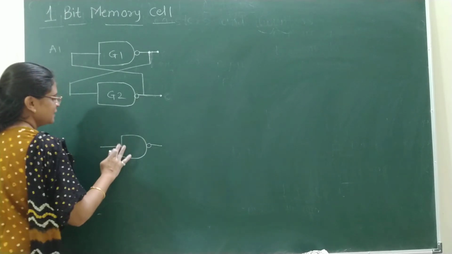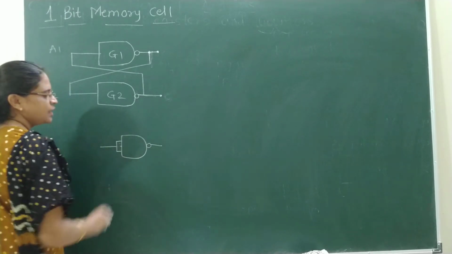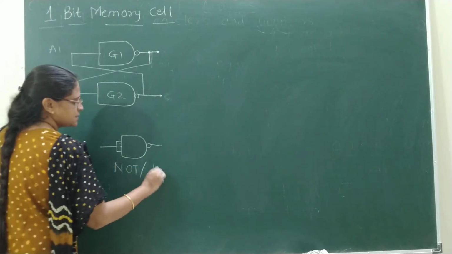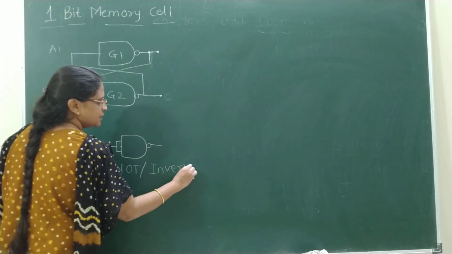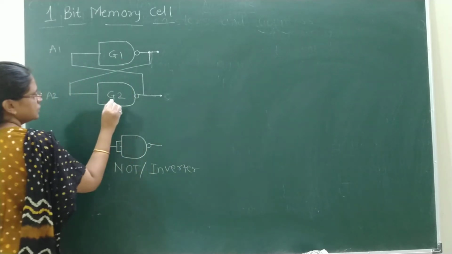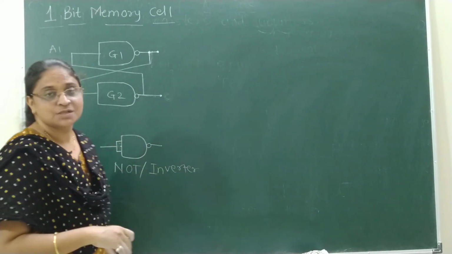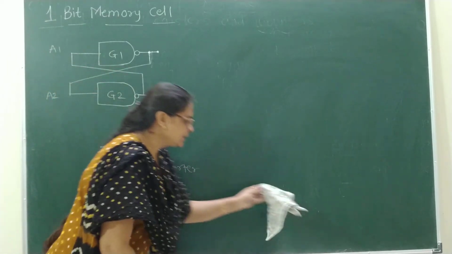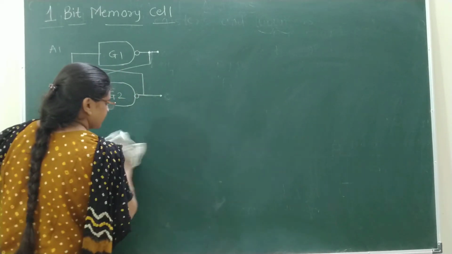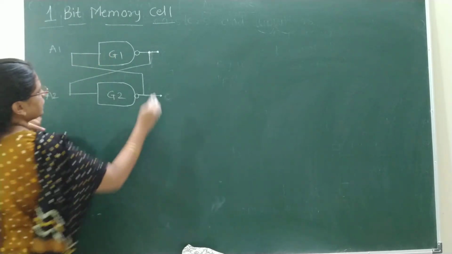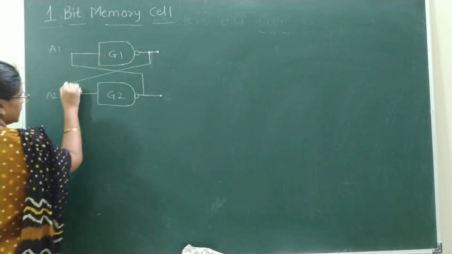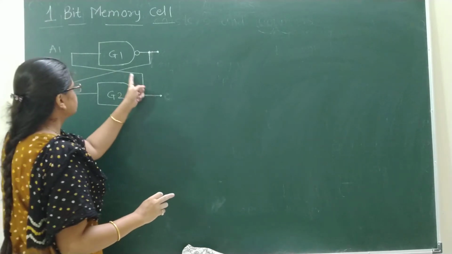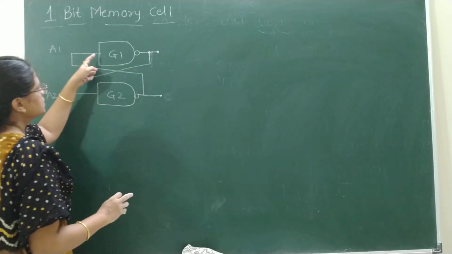It means internally 2 inputs are shorted, and the NAND is used as NOT, that is the inverter circuit, correct? So here 2 NAND gates are used for inversion purpose. And how are they connected? Here the upper gate G1, whose output becomes the input for the lower gate, that is G2. Output of G2 becomes the input for G1.